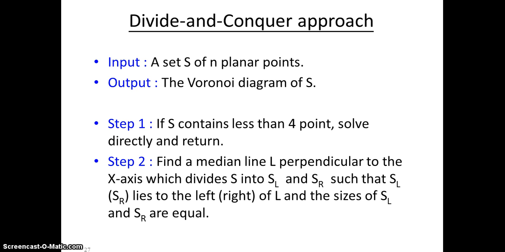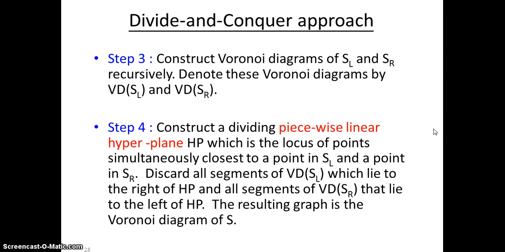The input for this particular approach is a set S of n planar points. The output will be the Voronoi diagram. Step 1: if S has fewer than 4 points, then we can directly return the result. In step 2, we find the median line perpendicular to the x-axis which divides S into SL and SR, that is left and right.